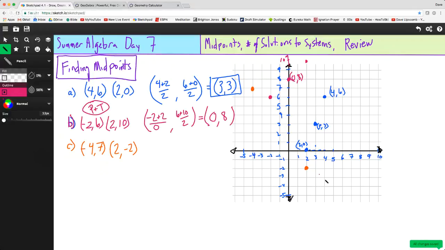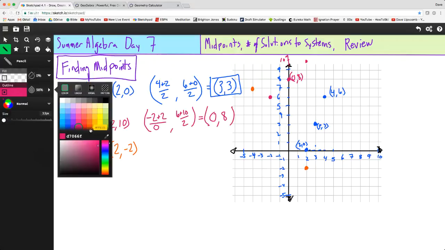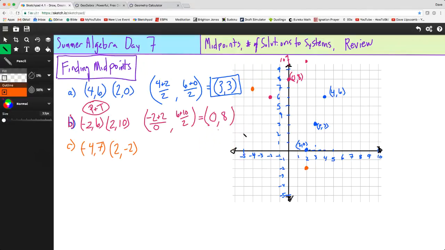Now finally, let's do our orange points. Let's just do the formula first and then come back and plot it and see if it looks right. -4 plus 2 over 2, comma, 7 plus a -2 over 2, right? The average of 7 and -2.